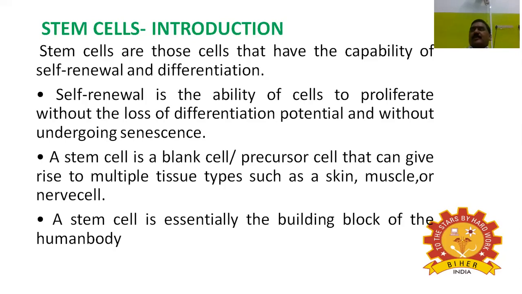A stem cell is like a blank cell, a precursor cell that can give rise to multiple tissue types such as skin cells, muscle cells, or nerve cells. The stem cell is very essential, a building block of the human body.